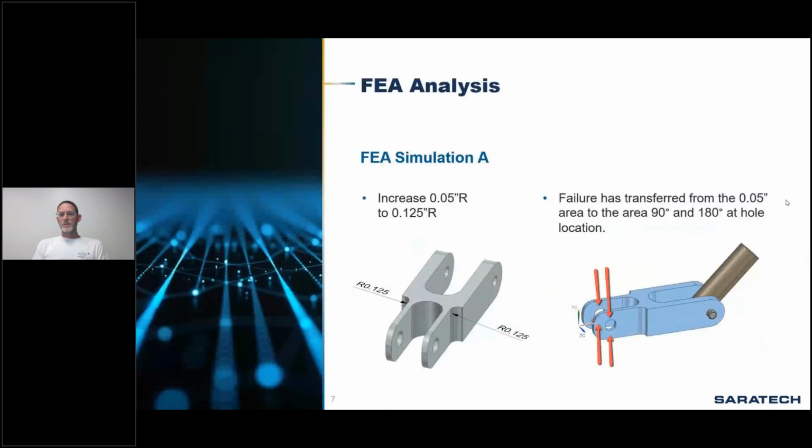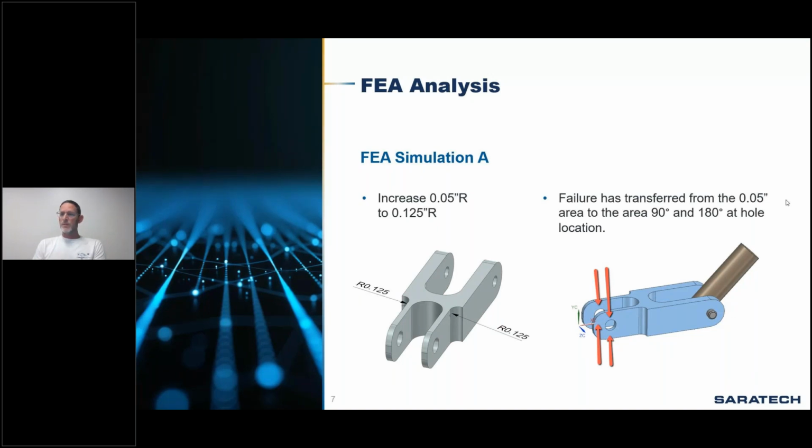First thing that we did is we brought the part in and we made many different iterations in SimCenter. Then we put different forces on it and applied different directional forces. We found that by increasing the radius to 125, we didn't see the ears breaking anymore, but it propagated the break to the hole. The thin areas there at the hole was now the break point.